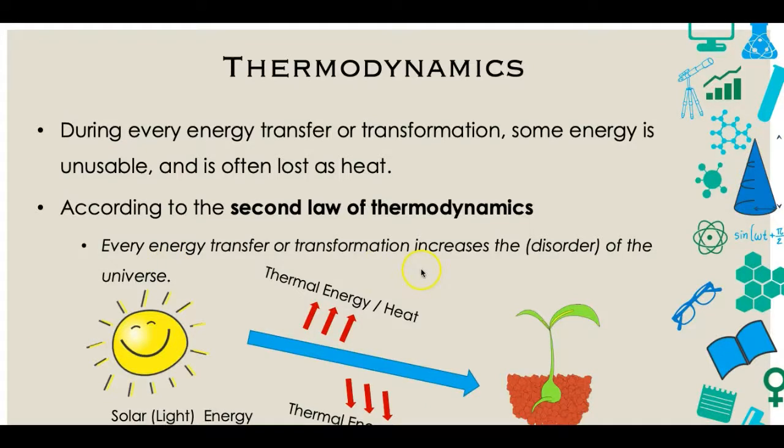Every energy transfer or transformation increases the disorder of the universe. Simply said, when the sun emits 100% solar light energy, only a portion of the energy is absorbed as chemical energy.